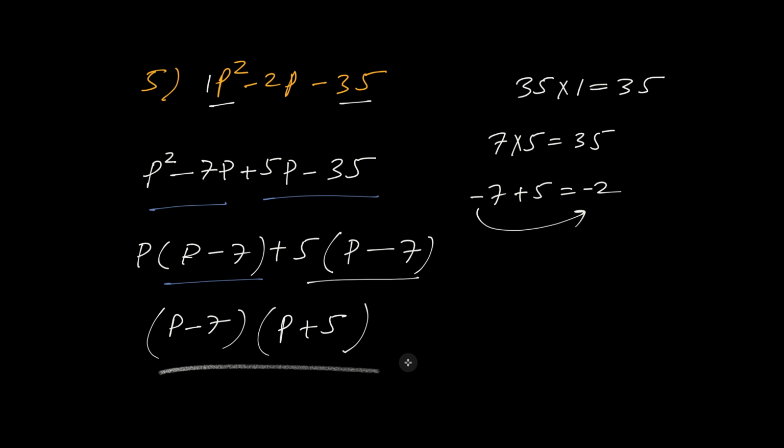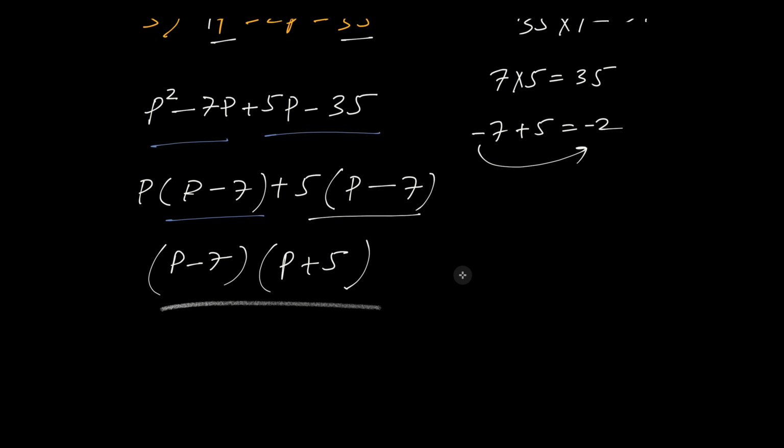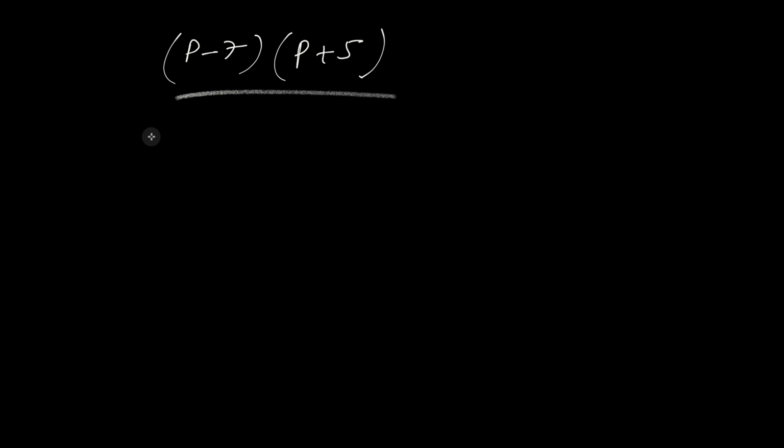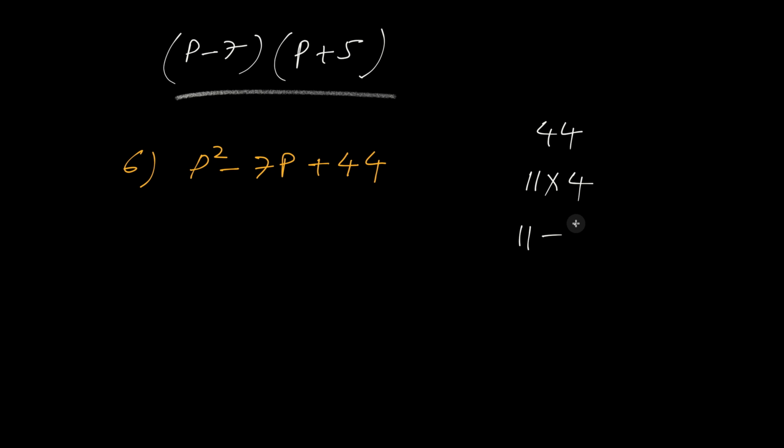Now quickly we will jump to the next question, which is question number 6. Question number 6 is p square minus 7p plus 44. How we can divide the 44 is, it is very easy. 44, it comes under 11 table. 11 into 4 is 44, and we have to subtract 11 minus 4 is 7.